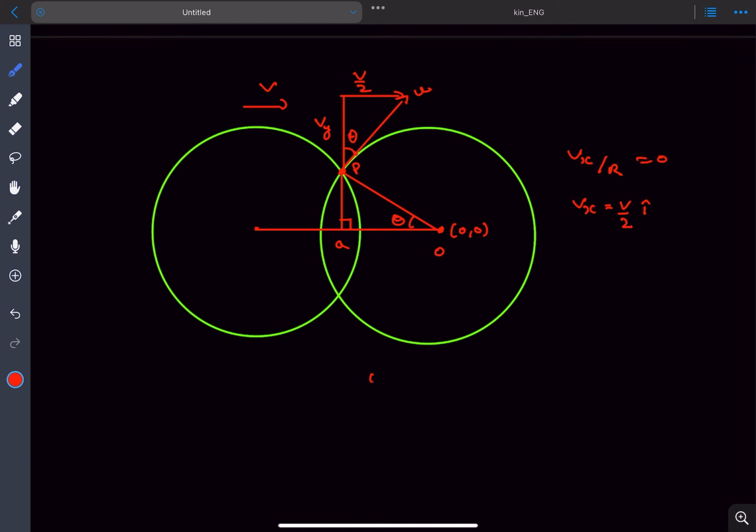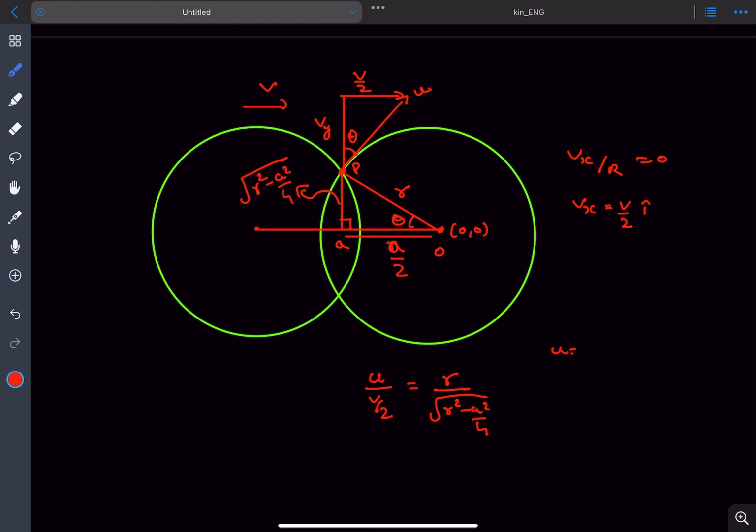From the upper triangle, I'll get it as u divided by v by 2. And if I write cosec theta from this triangle, as this distance is r and this is a by 2, this distance is going to be square root of r square minus a squared by 4. So the cosec theta from the bottom triangle is going to be r divided by square root of r square minus a square by 4.